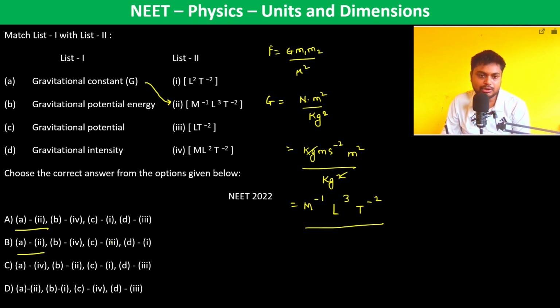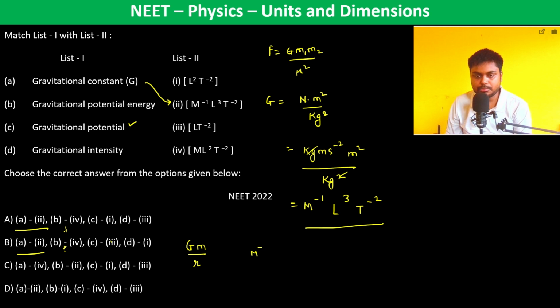Now we will not look at B because B is also the same. So we'll look at C option, gravitational potential. What is gravitational potential? Gravitational potential is G into m by r.